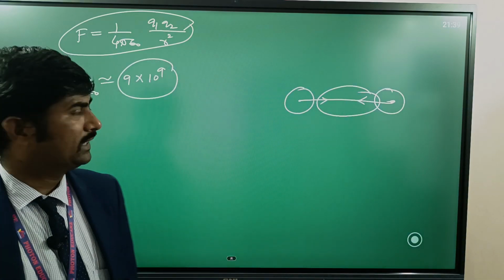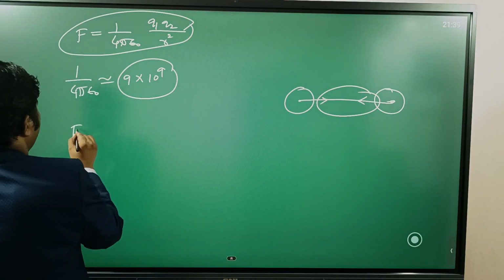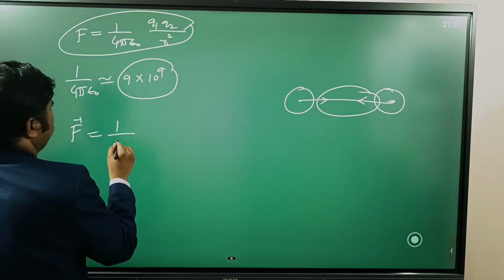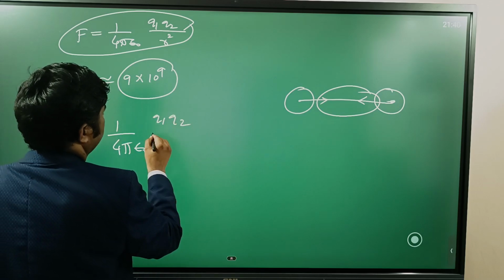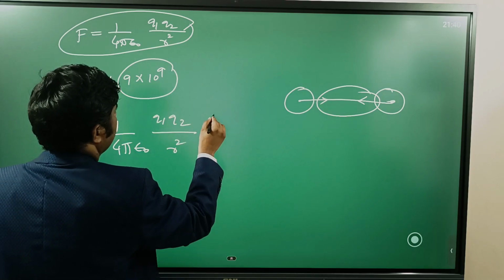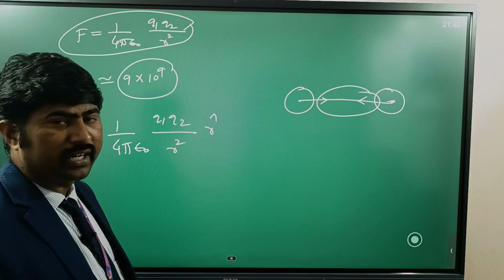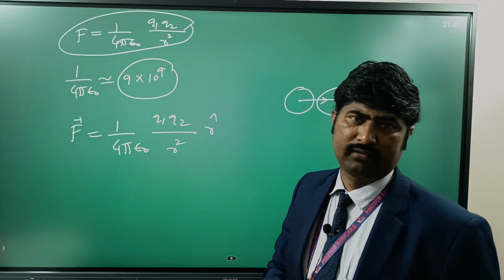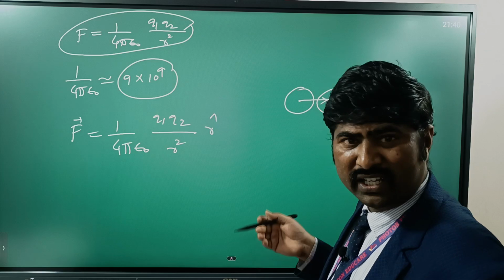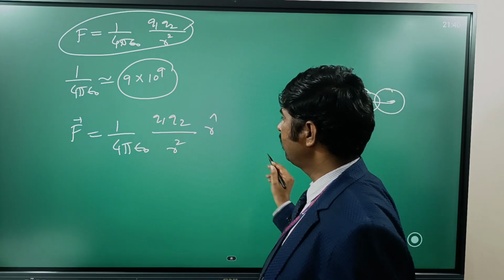Next, if you want to write this in vector form, we can write vector F is equal to 1 divided by 4 pi epsilon naught, q1 q2 divided by r square, r cap. R cap is indicating the unit vector. Unit vector specifies the direction of force.